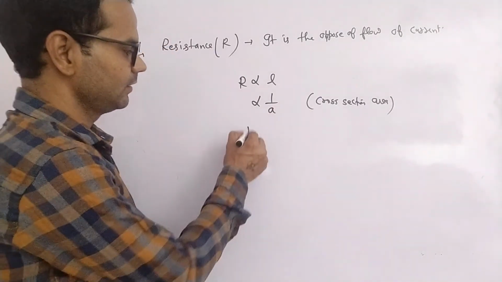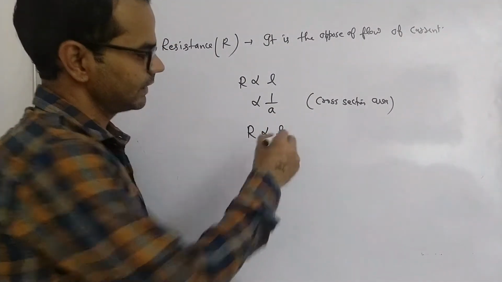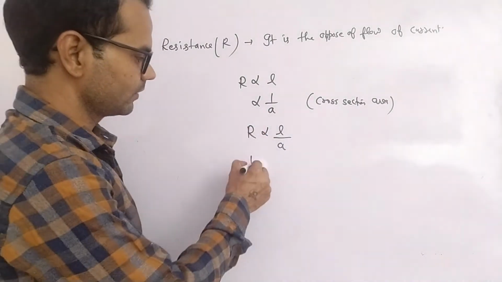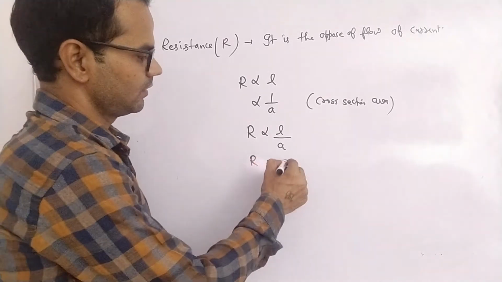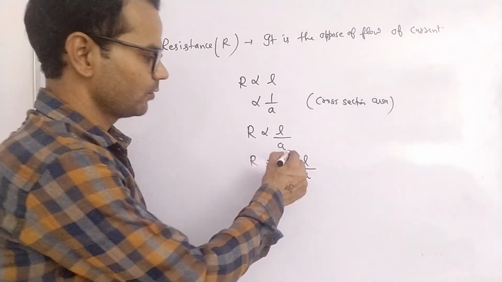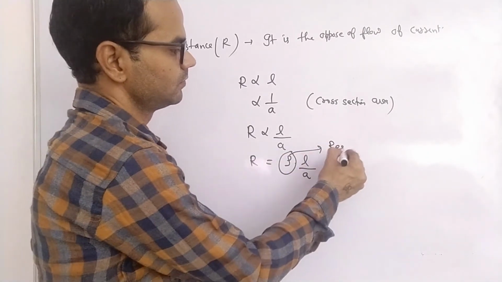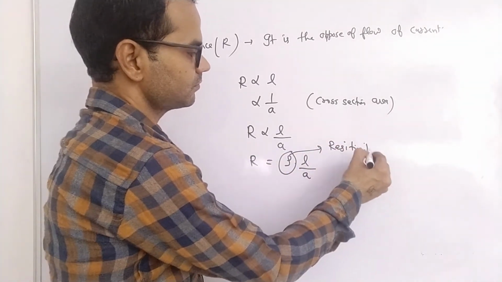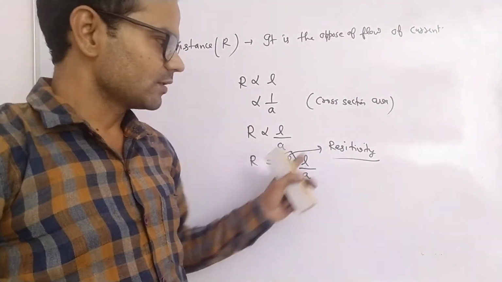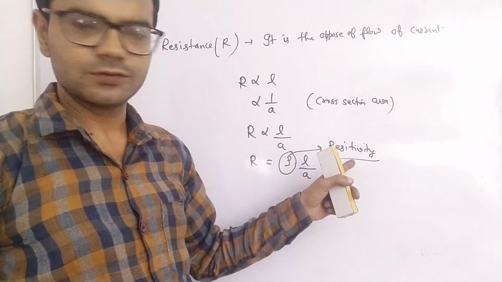So we can combine: R is directly proportional to L by A, and if we put the value of a constant, R equal to rho into L by A. Here rho is called resistivity. So what is resistivity?